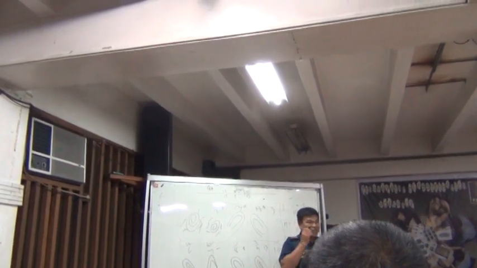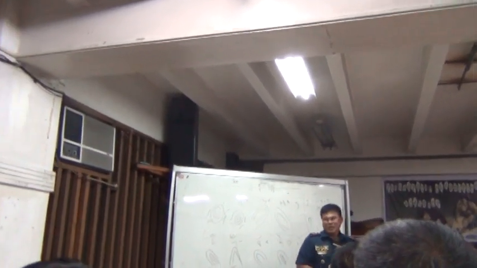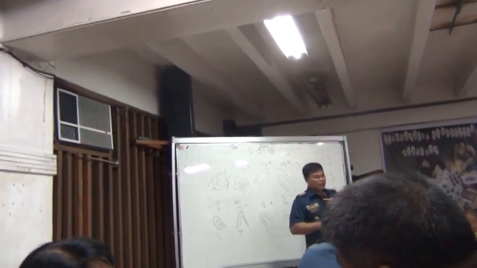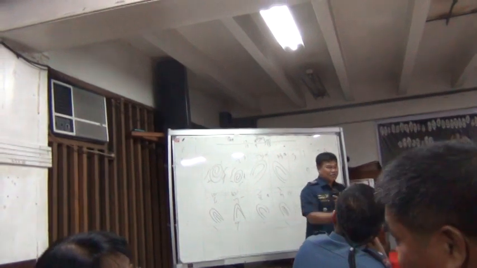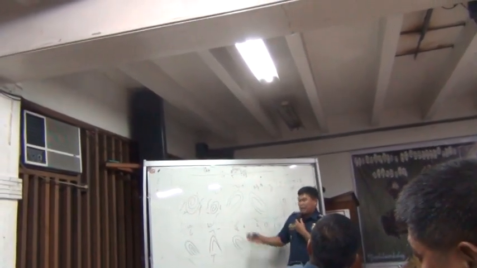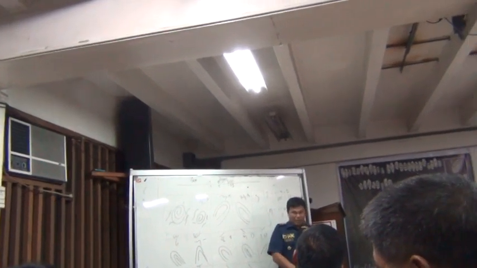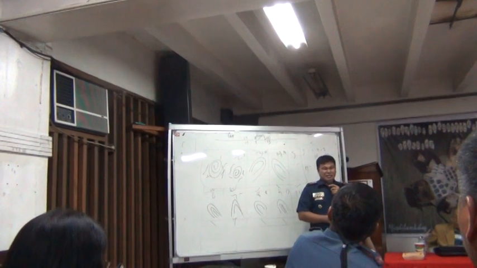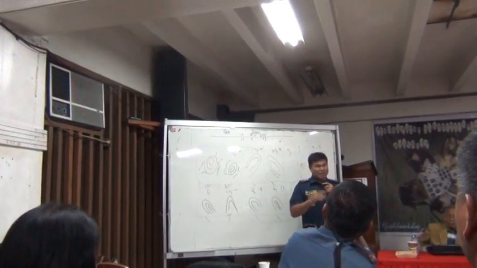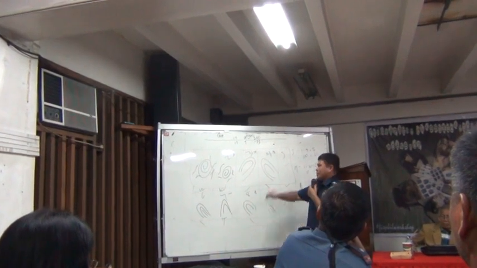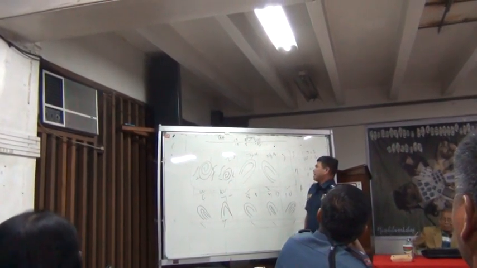Anong gagawin ko dito? I-tracing ko. Pag nakita ko dun sa blocking niya, loop pala ito, anong gagawin? Ridge counting, hindi whorl tracing. But of course, there are problems na pwede nating ma-encounter na kung saan kailangan nating i-ridge count yung whorl by treating the whorl as an ulnar loop. Okay, tuloy po tayo?